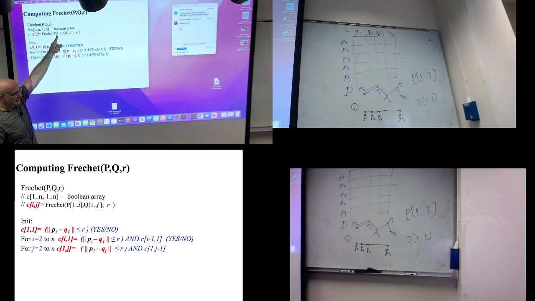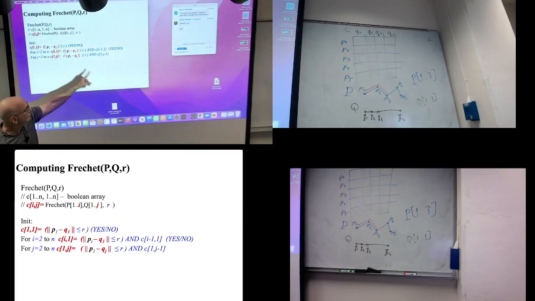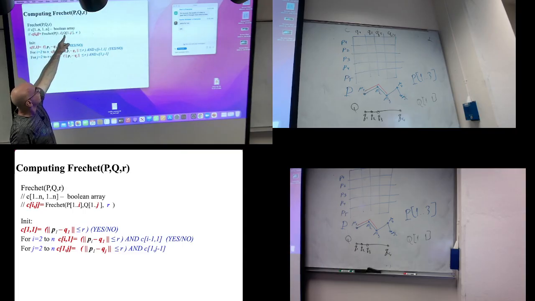To know what is Cij, the notation is a bit confusing, but very similar to what we did in the LCS. P of 1..i is the prefix of the first i vertices of P, the polygonal path of the first i vertices of P. P of 1..1 is just a single vertex. P of 1..5 will be the whole of the path. P is the blue path over there. Q of 1..j, the same thing.